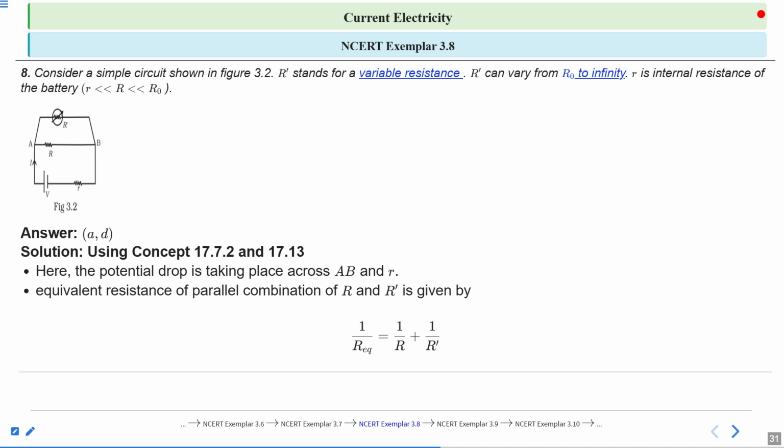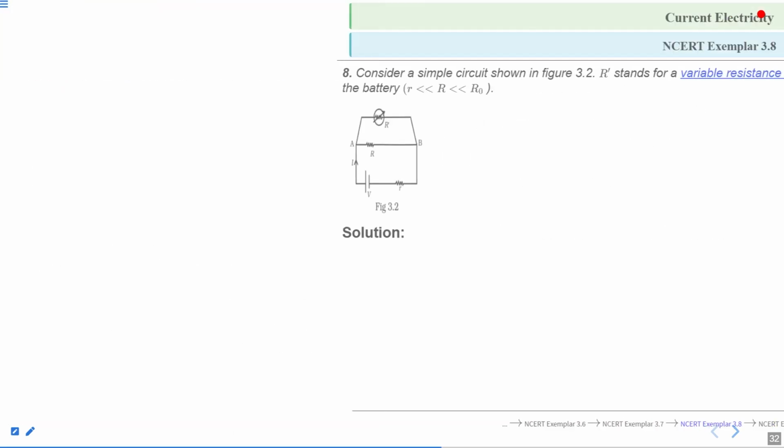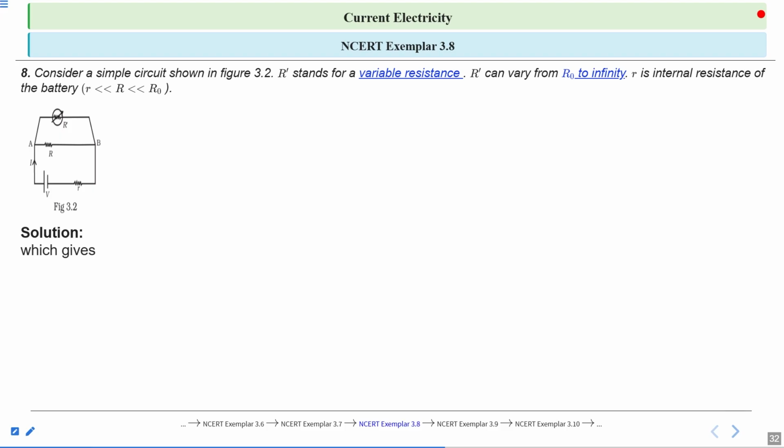So R equivalent will always be less than R, or it can be equal to R when R dash becomes infinite. Which gives R equivalent is always less than or equal to R.